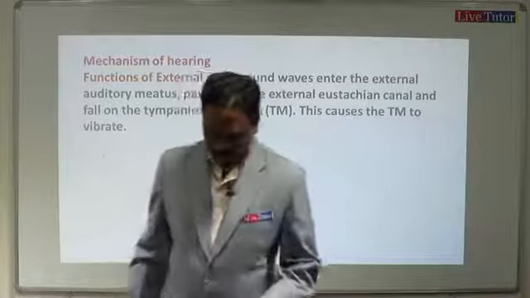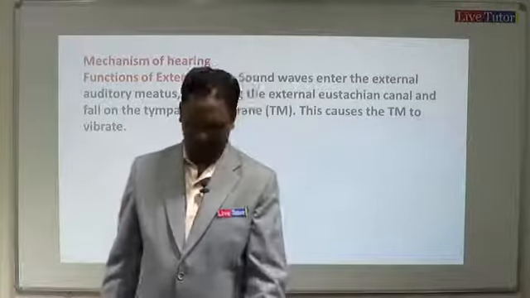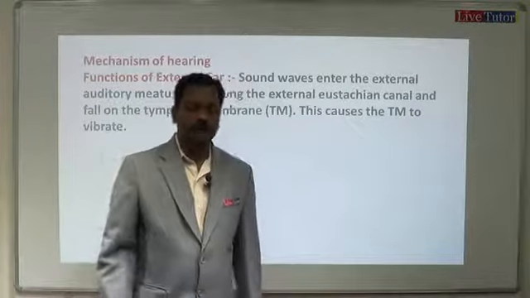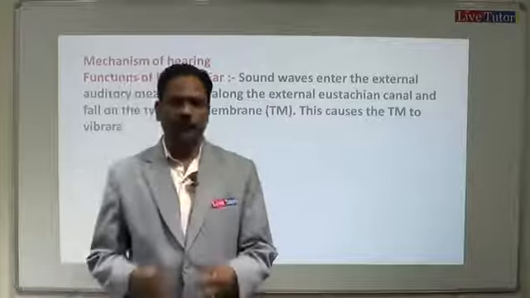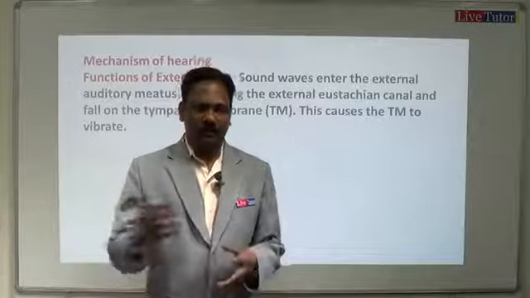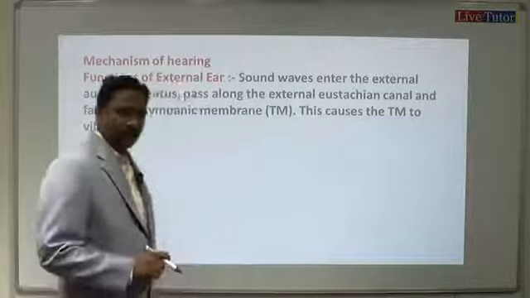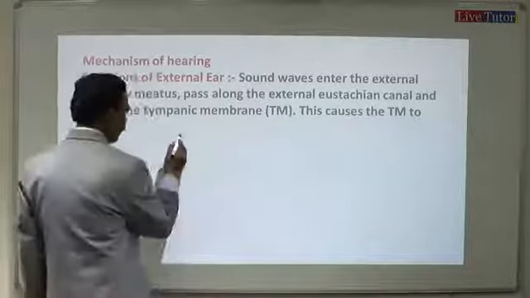Then we can see the defects of the ear. There are three types of hearing loss. One is conductive hearing loss. The other ones are sensory hearing loss and neural hearing loss.